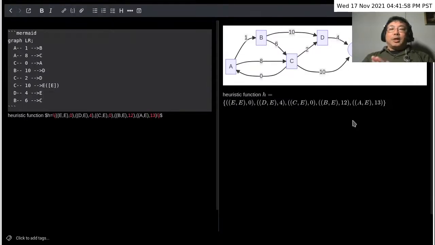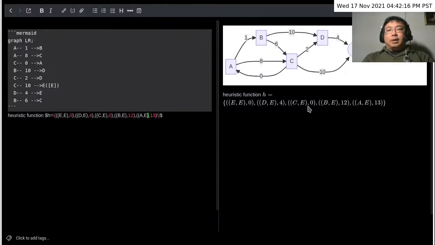So are we understanding what that particular statement means? The heuristic values cannot overestimate the length of the shortest path between the two vertices that we are trying to represent. In other words, I'll pick one example here.